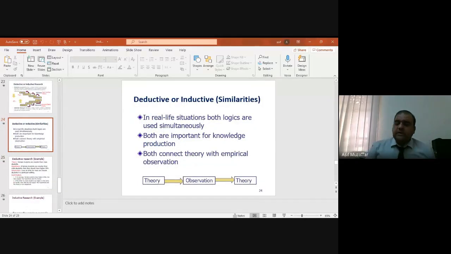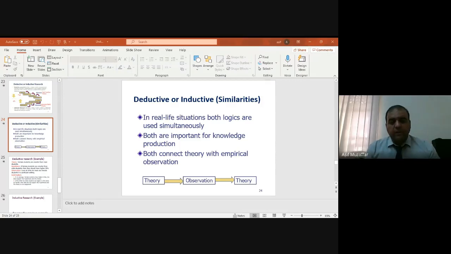Before discussing the logic of research, let us be very clear. I told you last time around about hypothesis testing. So what was a hypothesis? Hypothesis was a tentative statement about your research.